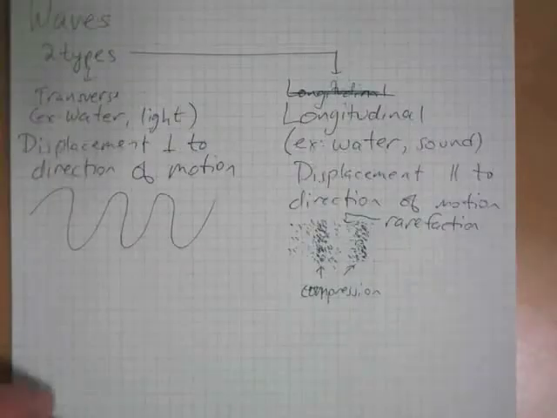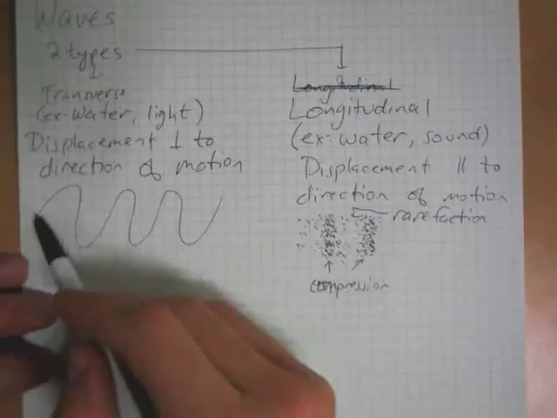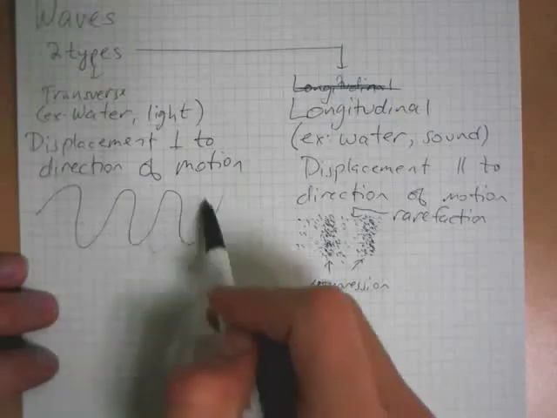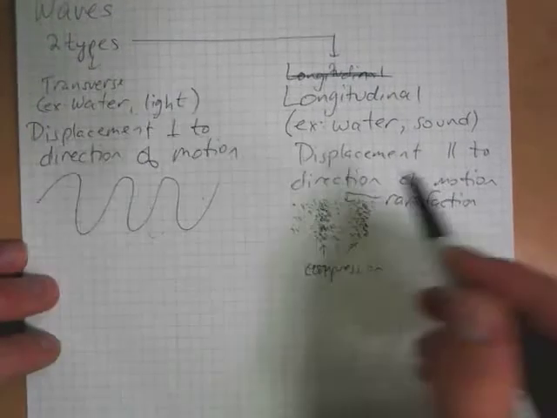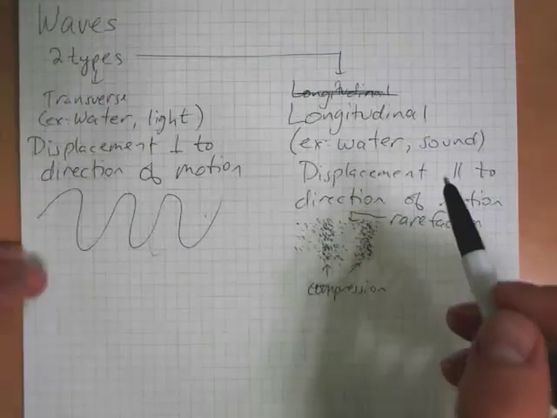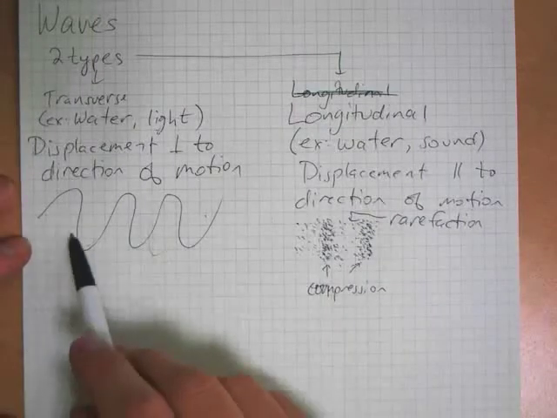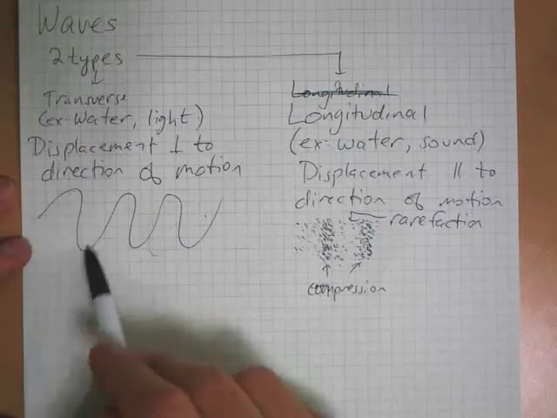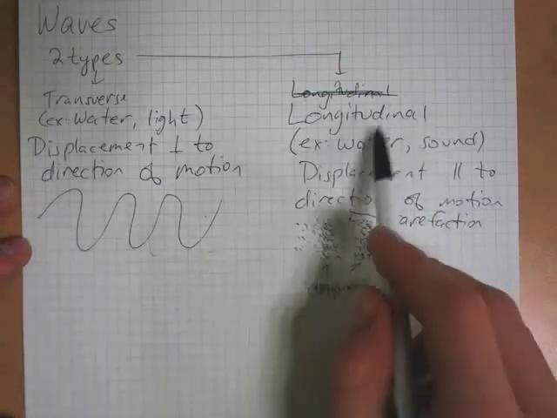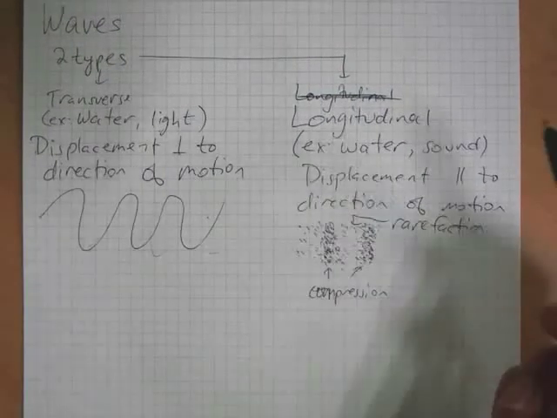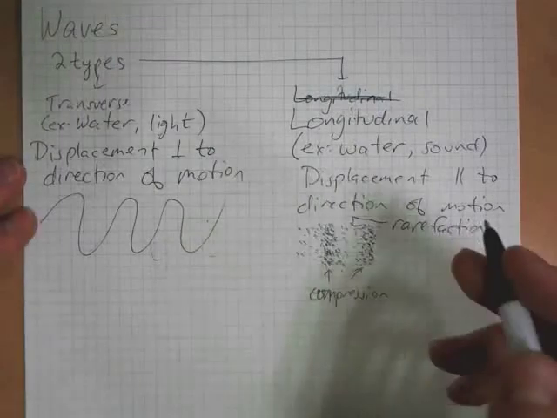Now, it is much easier to visualize things in terms of a transverse wave. So if we're diagramming or doing calculations, typically we will draw a transverse wave, even if it's a longitudinal wave, because they are analogous.